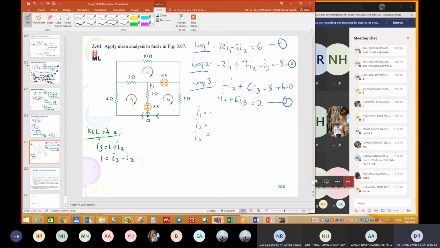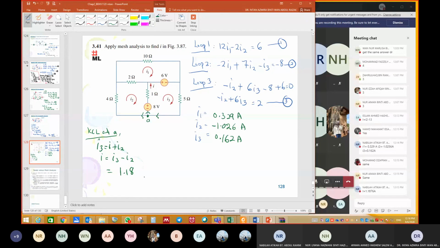So I2 minus I3 is 1.002 6 m, then 0.1162, and then I is equal to 1.1876. Yeah, same as this. Okay, good.